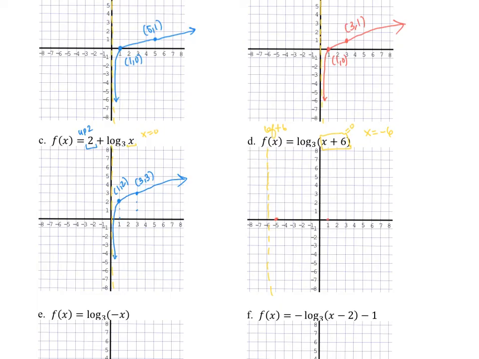Since this is base 3, 3, 1 is a good point, but I'm going to move that left 6. 1, 2, 3, 4, 5, 6, which would be here. Or I can consider this my new home. And if I went 3, 1 from my new home, it would go there. Either way, the shape of my graph is still going to be logarithmic. I'm going to go back and label those 2 points, negative 5, 0, and negative 3, 1.